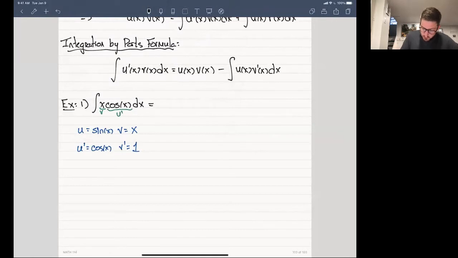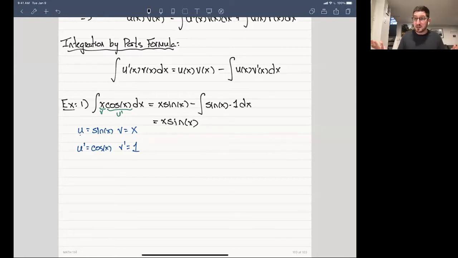And now I get u times v, so I get x sine of x, minus the indefinite integral of sine of x times 1 dx. Okay, let me write that nicer. The x sine x term doesn't need to be changed. It's already in its final form. It's not going to be taken an antiderivative of anymore.